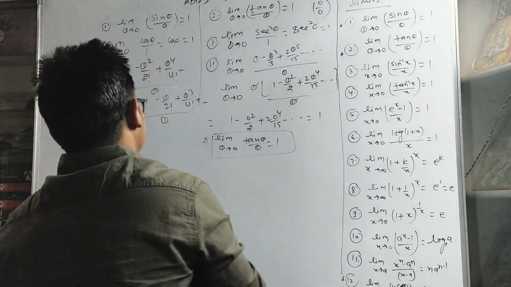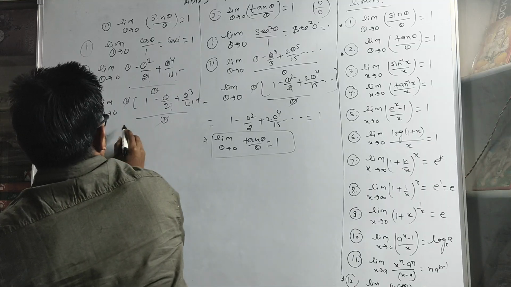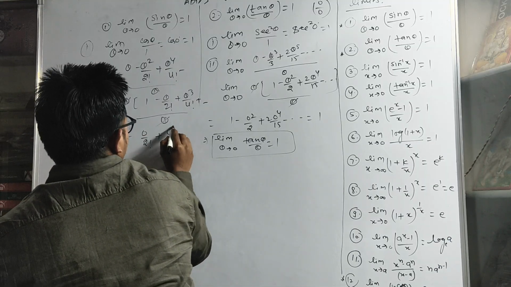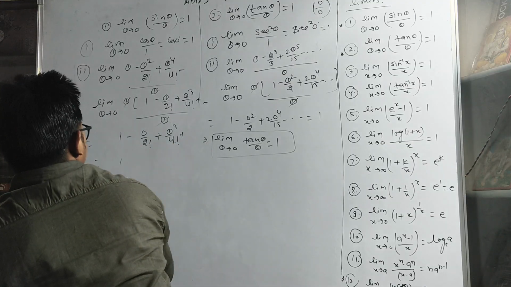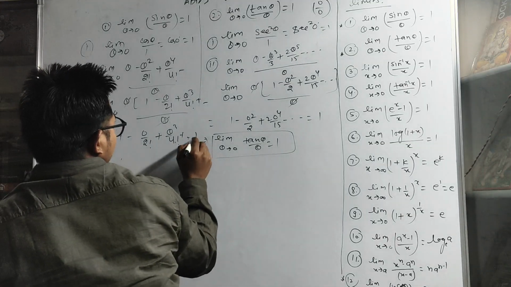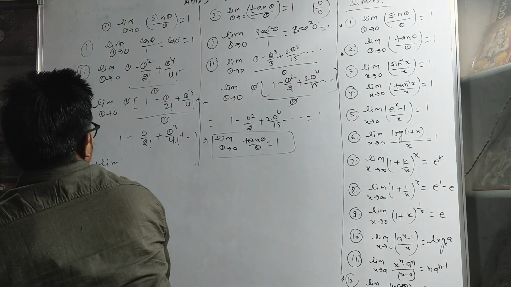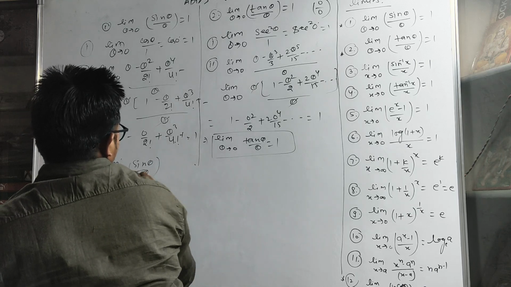The term theta will cancel out here. On taking limit we will have 1 minus 0 upon factorial 3 plus 0 to the power 4 upon factorial 5 and so on. On solving this we will have 1. So finally, limit theta tending to 0 sin theta upon theta equal to 1.